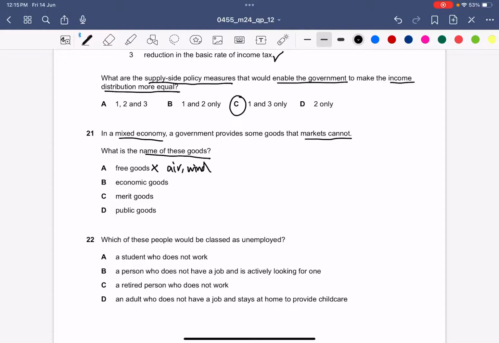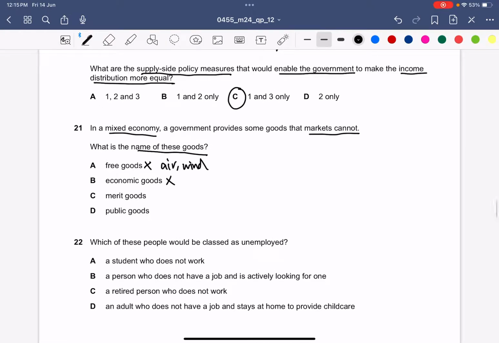Economic goods are usually provided by the markets in a mixed economy, so no. Merit goods is quite tricky, because merit goods are like healthcare. But we see there are private hospitals and public hospitals, so both markets and government can provide it, so it's not the answer.